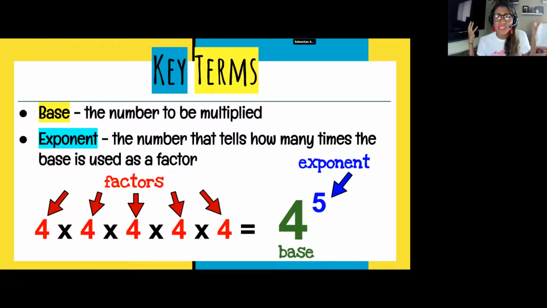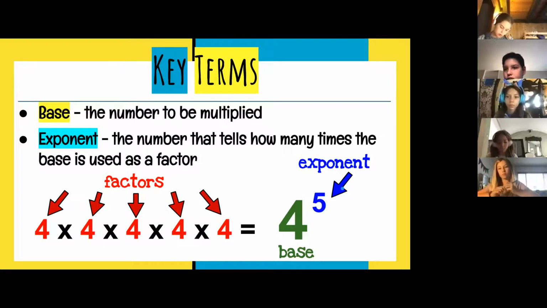So I think it's very fitting that its name is the base, the number that is being multiplied. The only factor in exponential notation is called the base, the home base. That number is being repeatedly multiplied by itself. Okay? Is everybody with me?